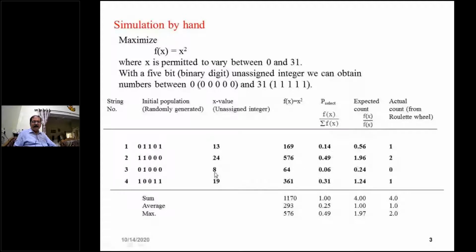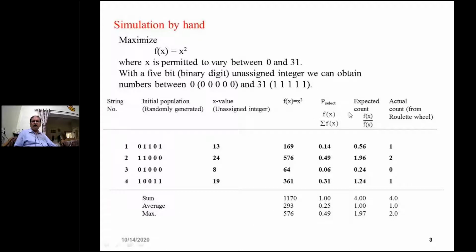Then the third integer value is 8, that is 64. Then the fourth is 19, 361. Then you calculate the sum of all these x square values for this population. It is 1170, the average value is 1170 divided by 4, that is 293, and the maximum value is 576.